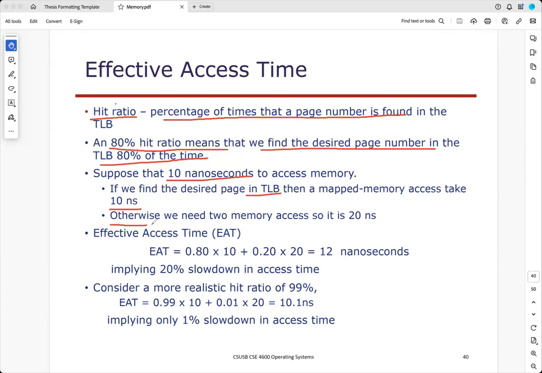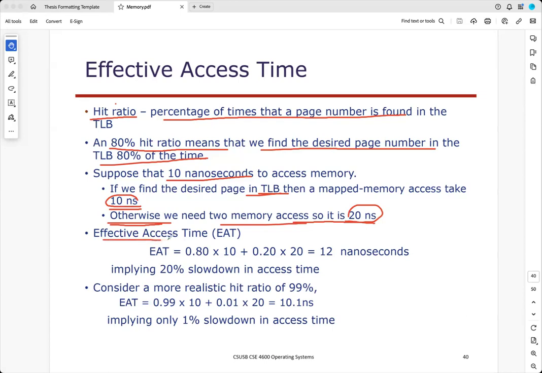If we have a TLB miss, we need two memory accesses, one for the page table and one for the data or instruction. It takes 20 nanoseconds.